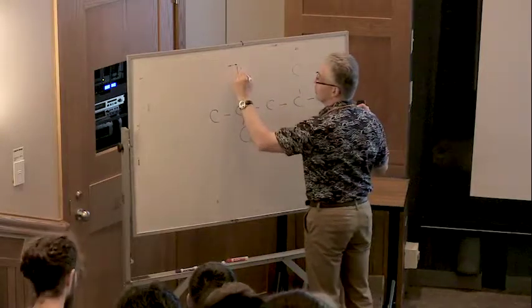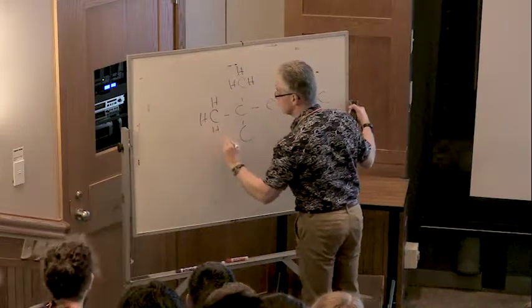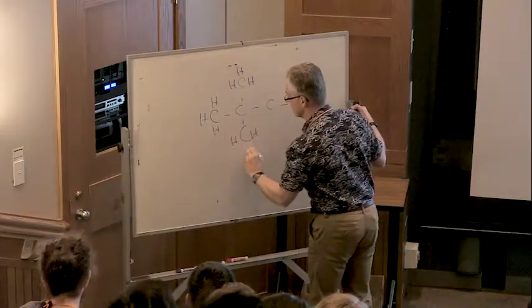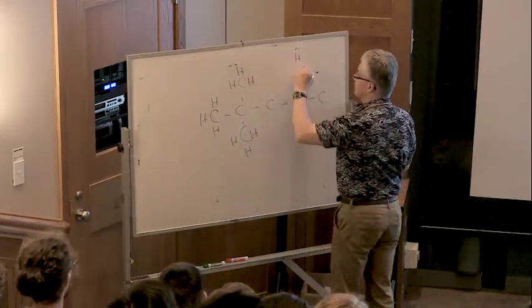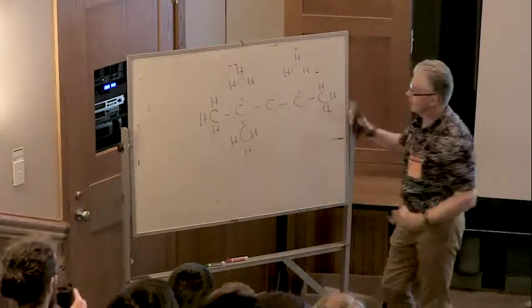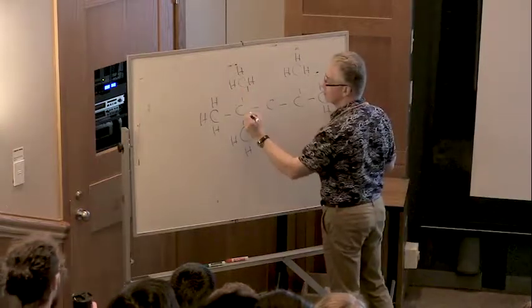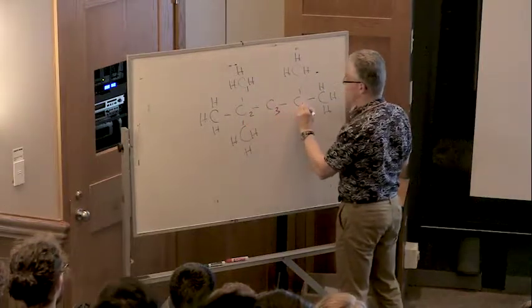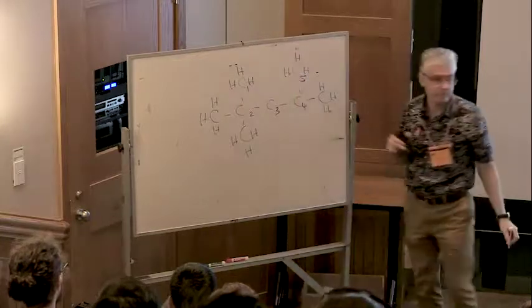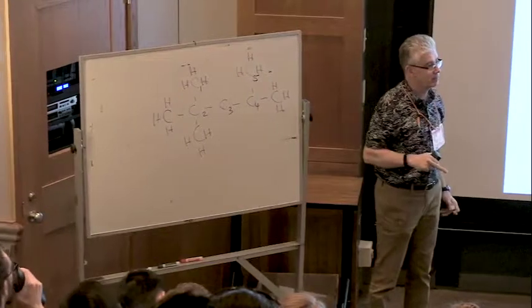And now we have here, okay, 1, 2, 3. Okay, I'm not drawing the other ones. Okay, so if this is 1, 2, 3, 4, 5, there's a 1,5 interaction. Okay?